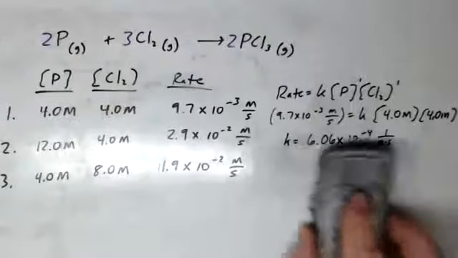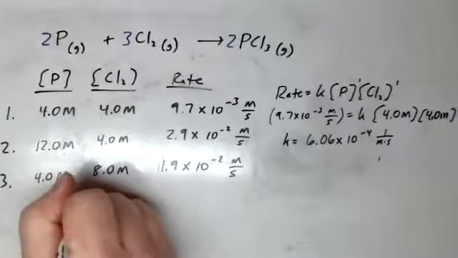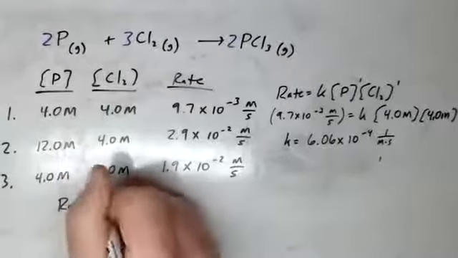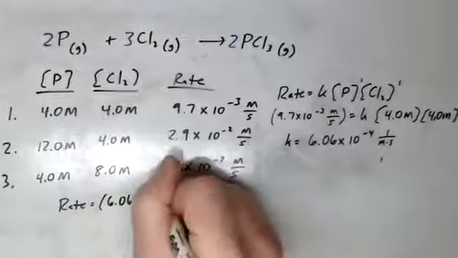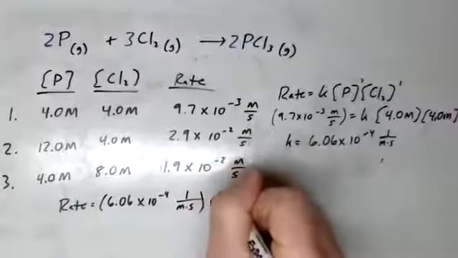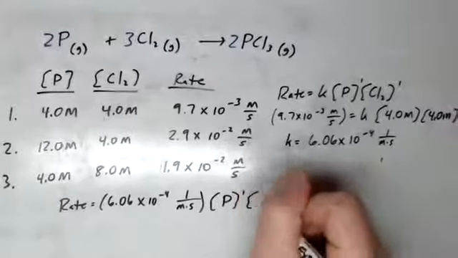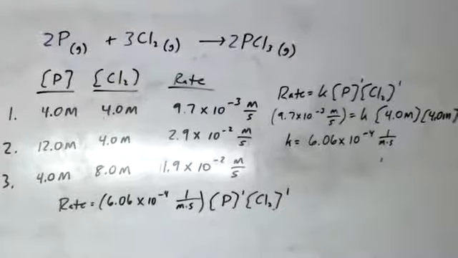At this point, we now have a completed rate expression. So rate equals that constant K times the concentration of phosphorus raised to the first power and chlorine raised to the first power.